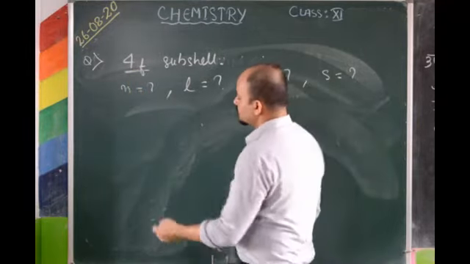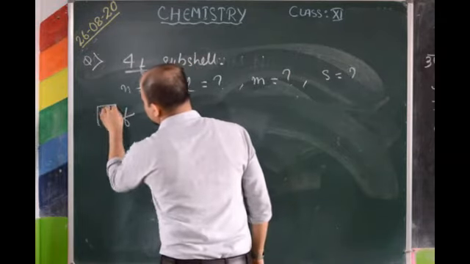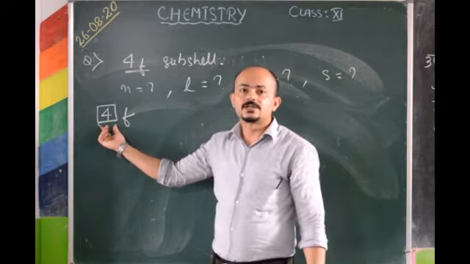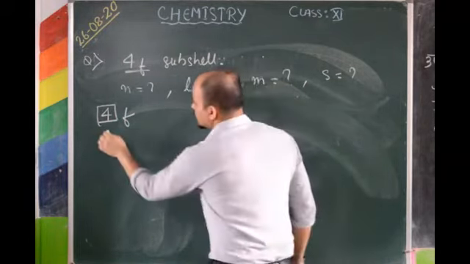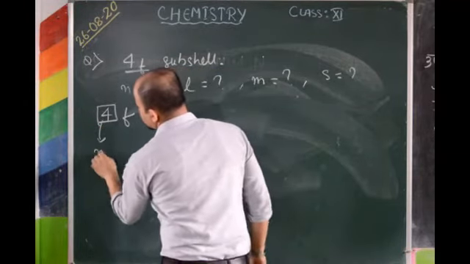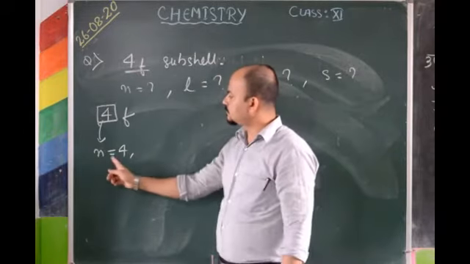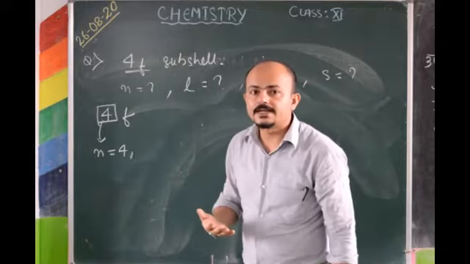Now, from this 4f, the number 4, the coefficient, always denotes the principal quantum number. Please listen carefully. This 4 is the principal quantum number, that is n equals 4. If you know n equals 4, then you can find the possible values of l.